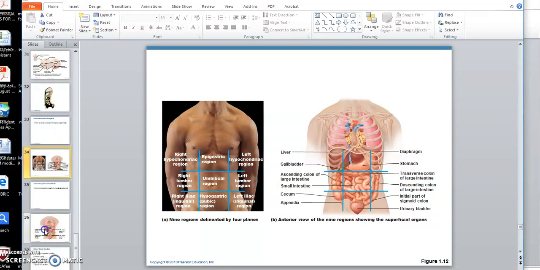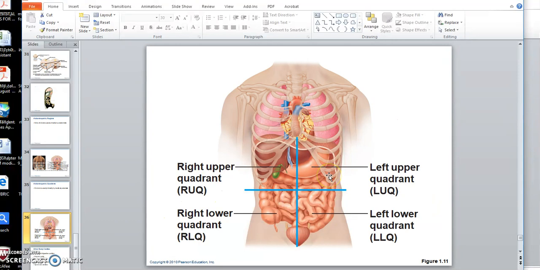The one we use in medicine, though, and what you would use in clinical, is the quadrant. It's much easier. So in the quadrant system, you just draw a line. That would be the belly button right there. You have a right upper quadrant, left upper, right lower, and left lower. What I want you to do is to try to locate structures in each quadrant.